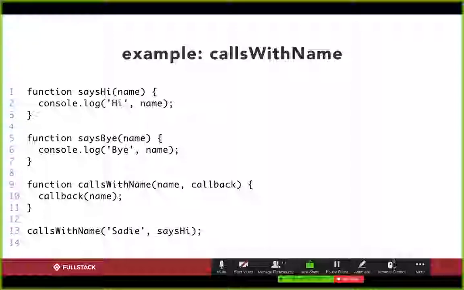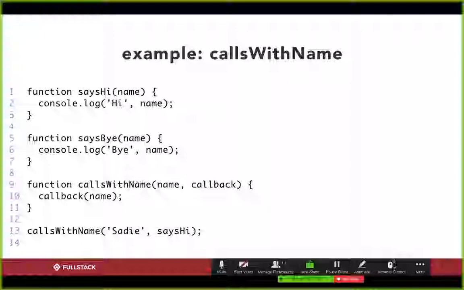Once again, on line 13, I do not invoke says hi. I only pass it in, because there are no open and close parentheses after says hi. But if I go into the calls with name function's body on line 10, I see I invoke whatever the second argument is, I invoke the callback variable. Well, the callback variable points to says hi. So therefore, on line 10, I'm finally invoking says hi.